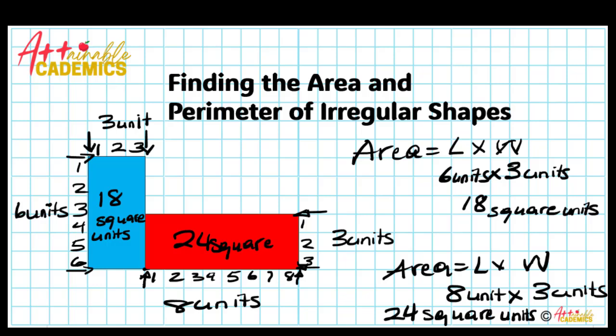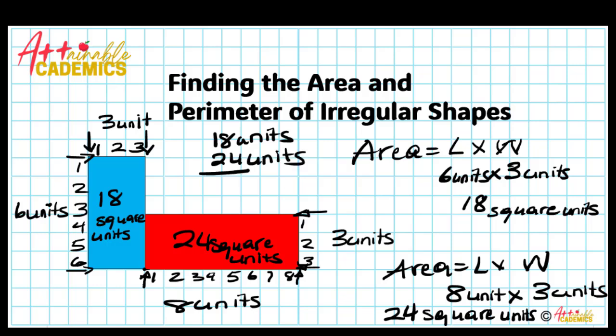But remember, we're finding the area of the entire irregular figure. So what do you think we have to do next? Did you say add? Absolutely. We have to add. What are we adding? We're adding the 18 square units from the blue rectangle to the 24 square units of the red rectangle.